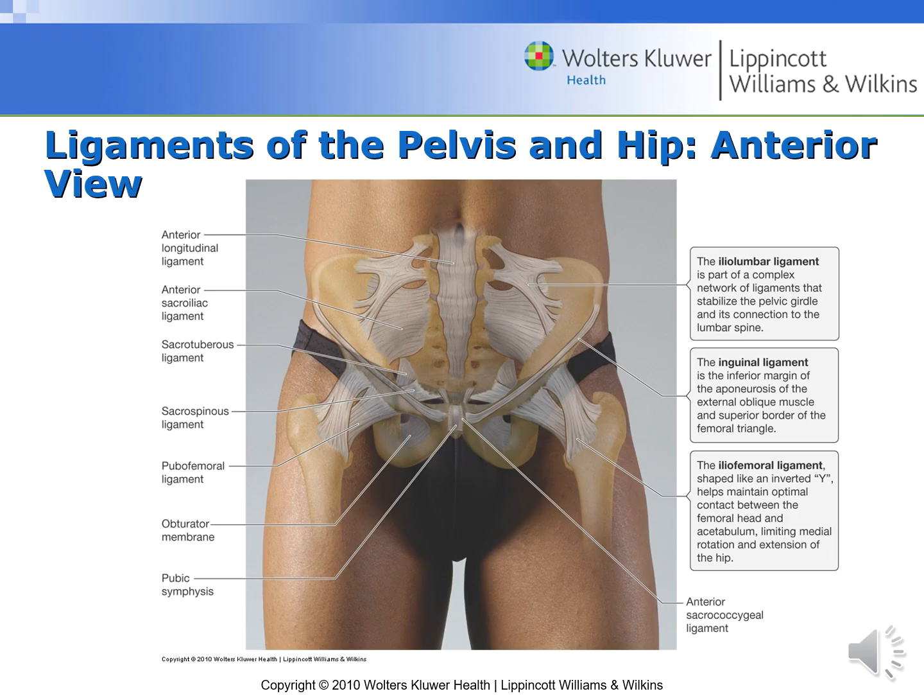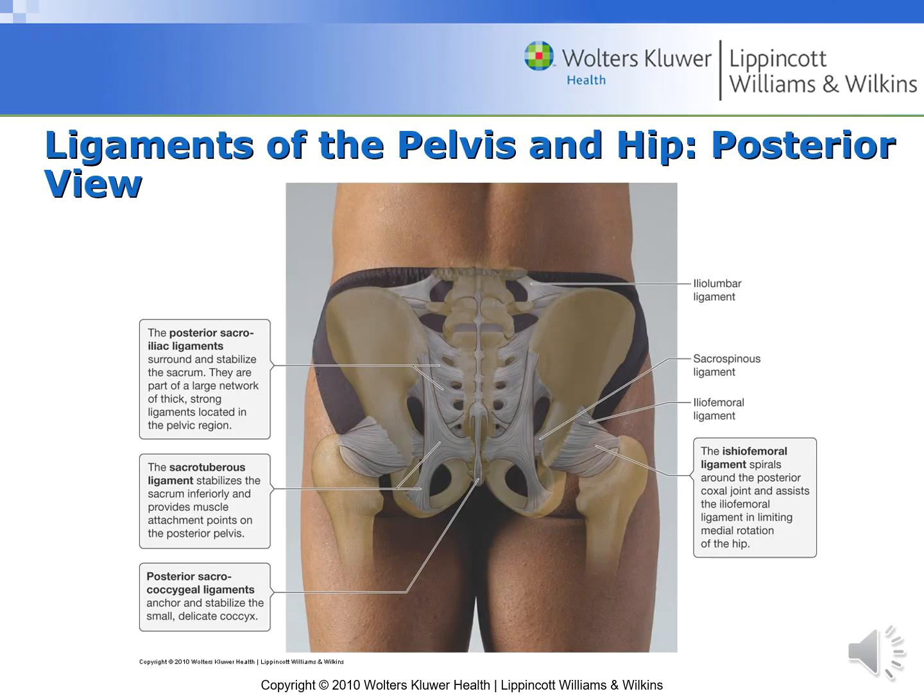The iliofemoral ligament, shaped like an inverted Y, helps maintain optimal contact between the femoral head and the acetabulum, limiting medial rotation and extension of the hip.